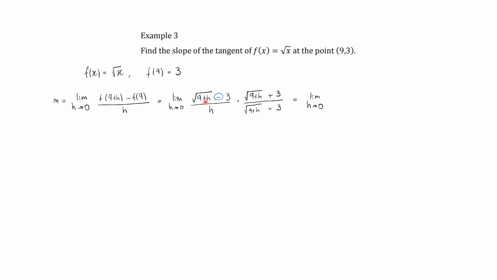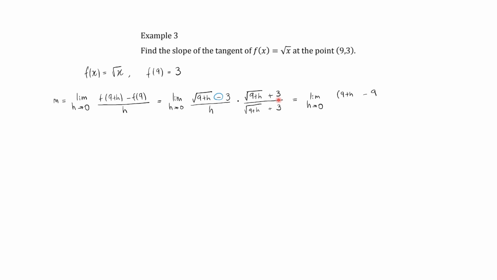And so that's going to give us the square root of 9 plus h times the square root of 9 plus h. And that's going to just give us 9 plus h. Okay. And then, of course, the middle terms, we know that they would cancel out. And then we would have negative 3 times positive 3, which is going to be equal to negative 9. And here we don't really need those brackets.